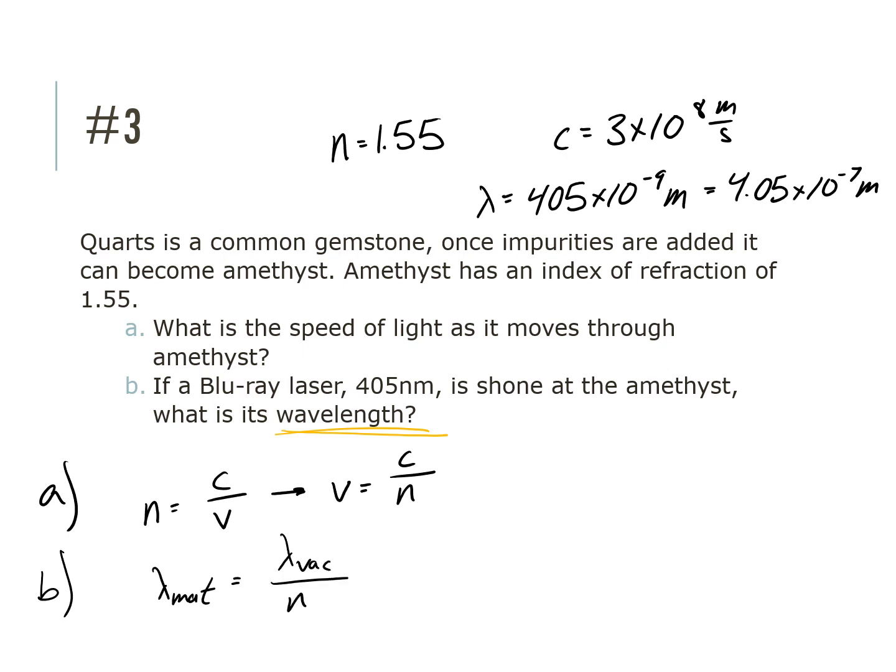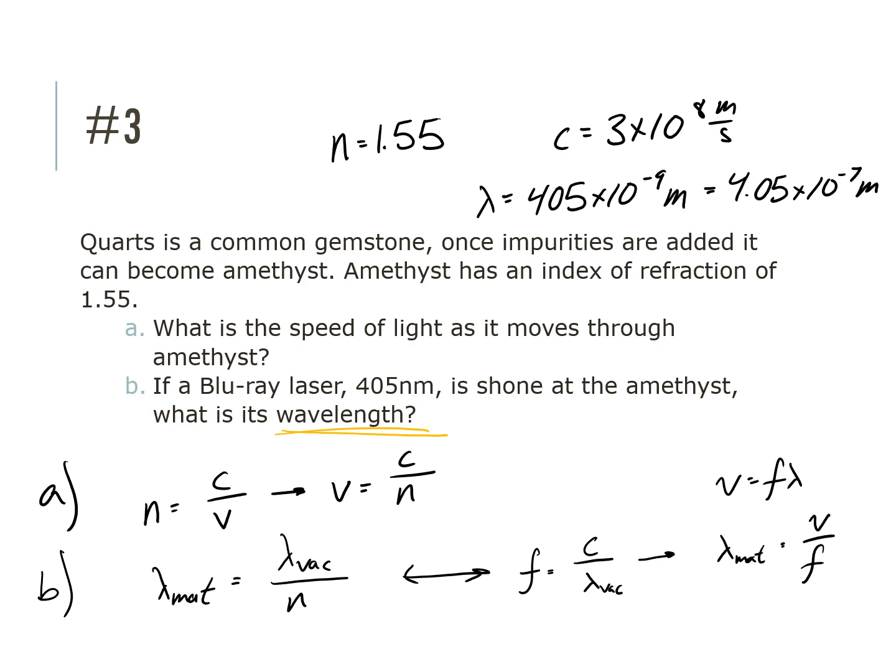Or if we want to, we could find the frequency, which is going to be equal to the speed of light divided by the wavelength, and then plug that into the equation v is equal to frequency times wavelength. So the wavelength in the material would be equal to v divided by f. So either of these methods works out.